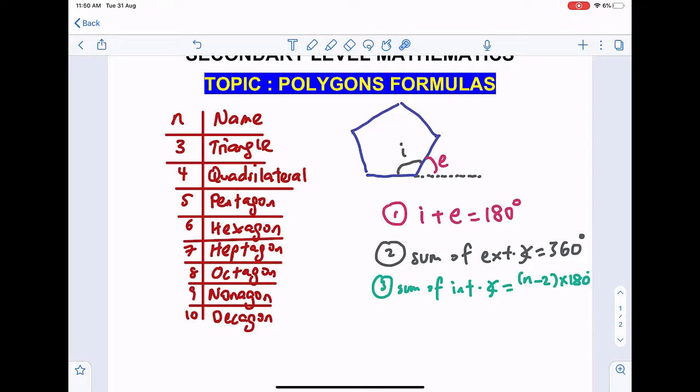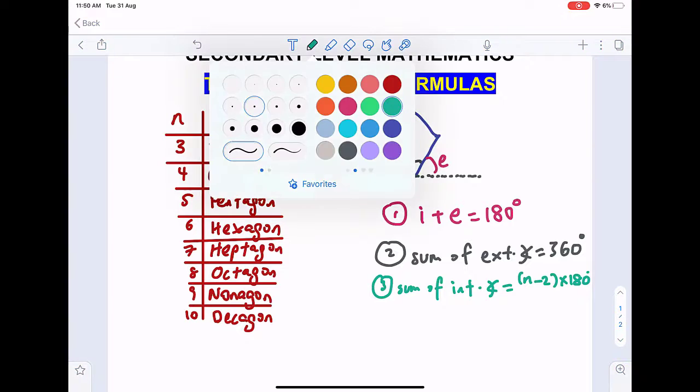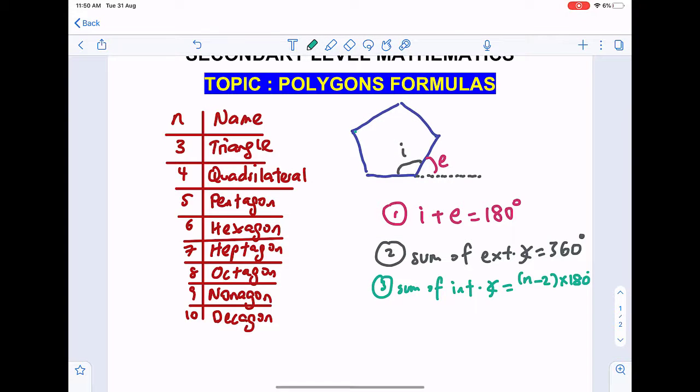So the sum of all the angles inside will depend on the number of sides. Subtract away 2, times 180 degrees. Now, why is that so? Let me explain using this polygon. In this polygon, you can draw 3 triangles, end to end, 1, 2, and 3 complete triangles that do not overlap each other.